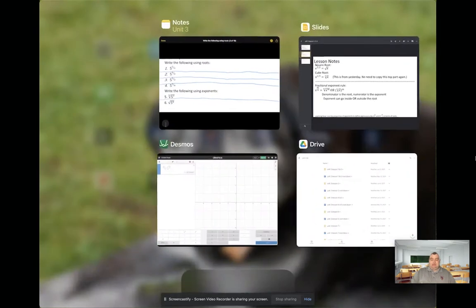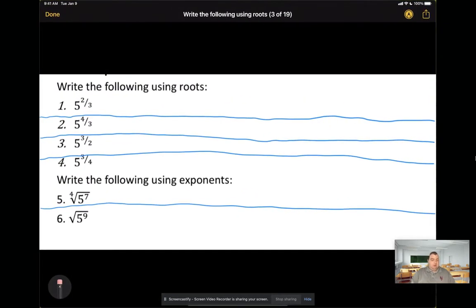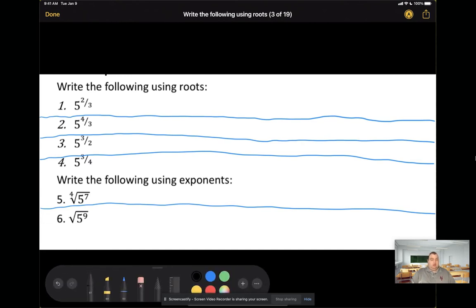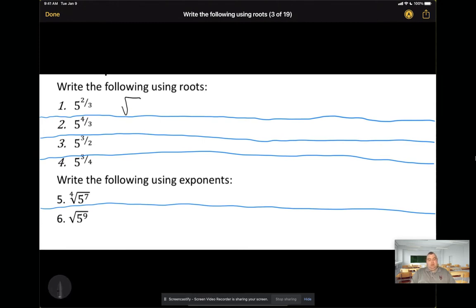With that in mind, let's take a look at our examples. We have 5 to the power of 2/3, and we want to write that using roots. The question is, first of all, what type of root is it going to be? Again, the denominator tells me the root. The denominator is 3, so that tells me it's going to be a cube root.